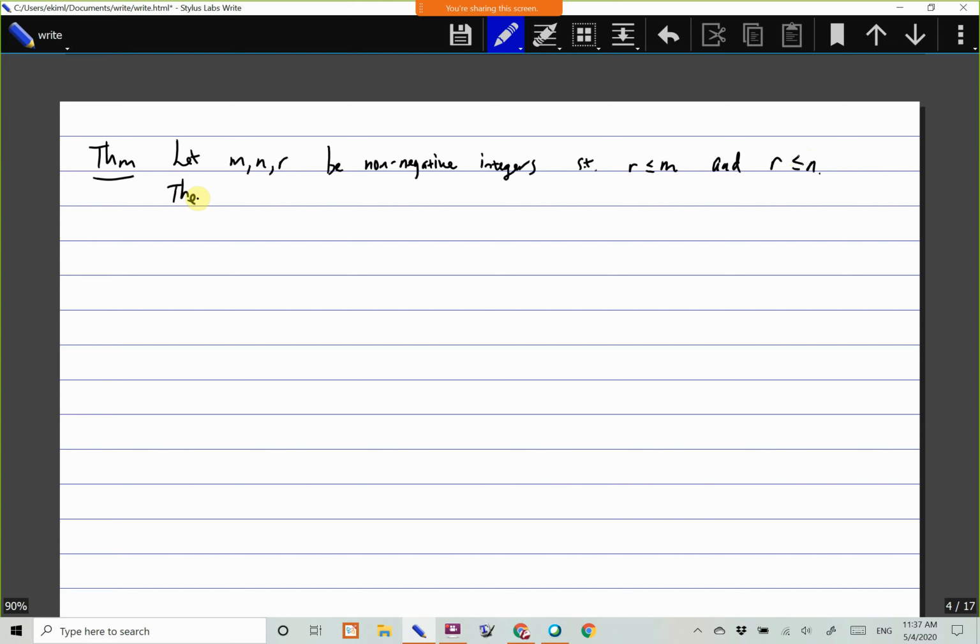Then here's the identity that's going to be true: m plus n choose r is equal to the sum from k equals 0 to r of m choose r minus k times n choose k.